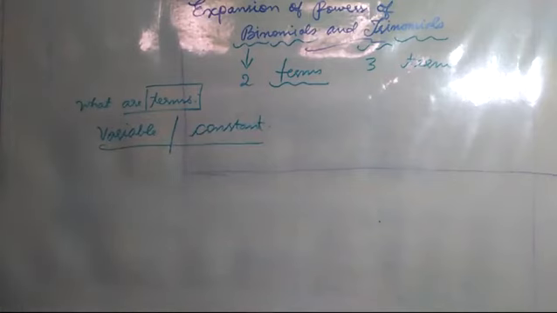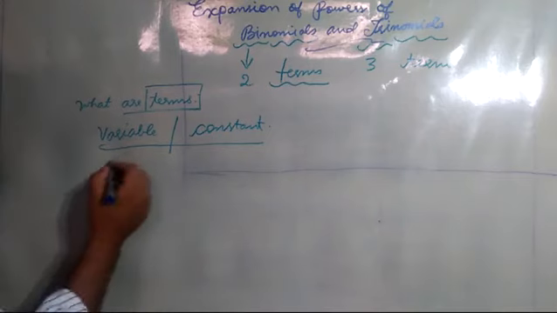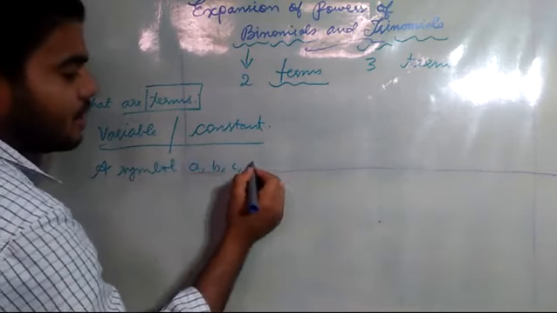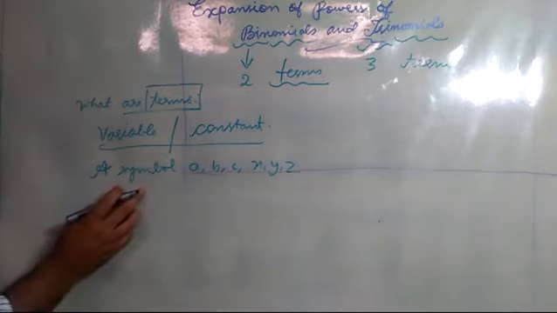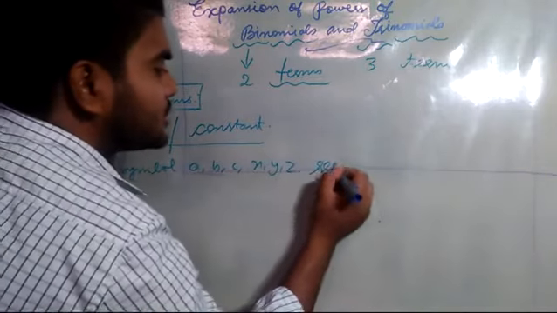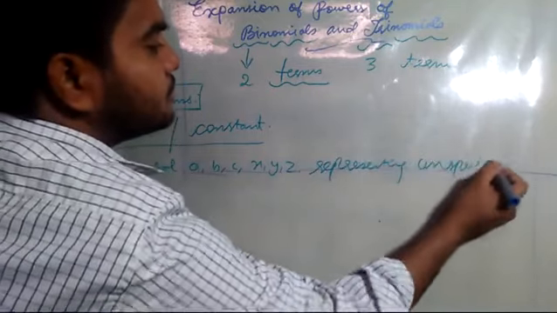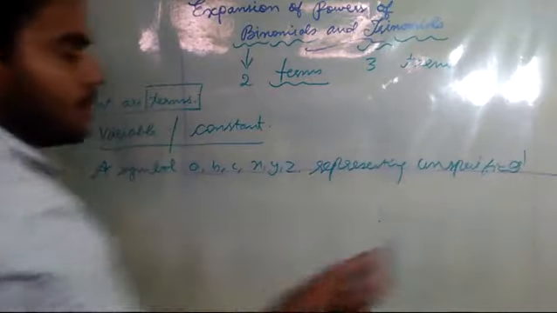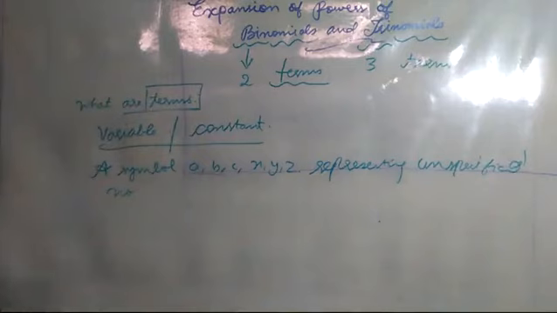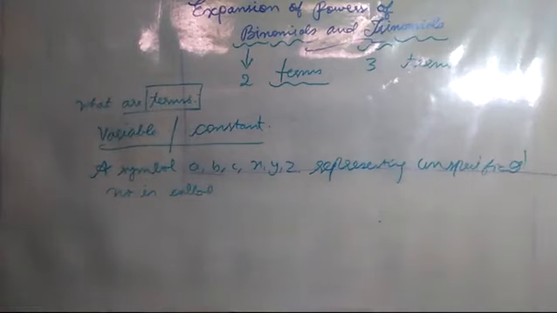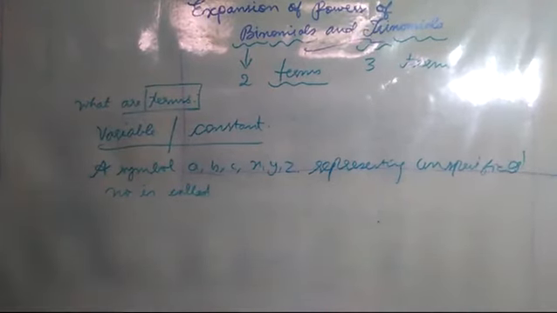Now the variables are like a symbol such as ABC, XYZ, a symbol representing unspecified numbers, is called variables.